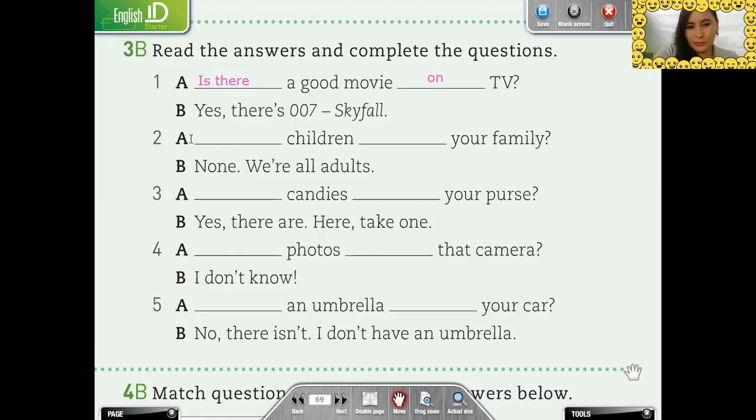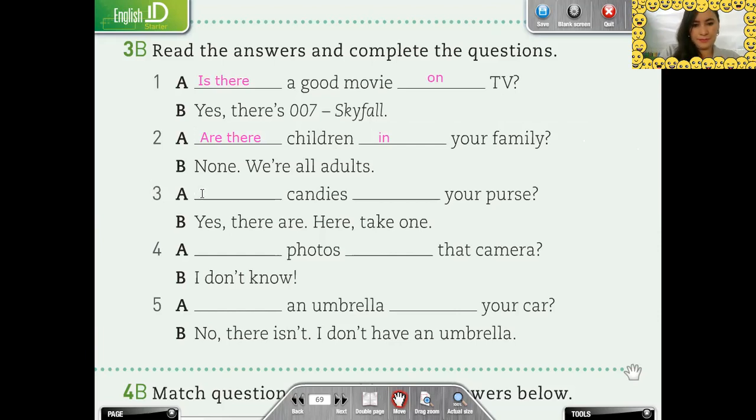We're going to say, are there children on your family or in your family? In your family. None, we're all adults.